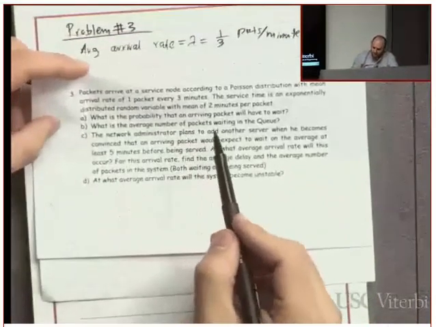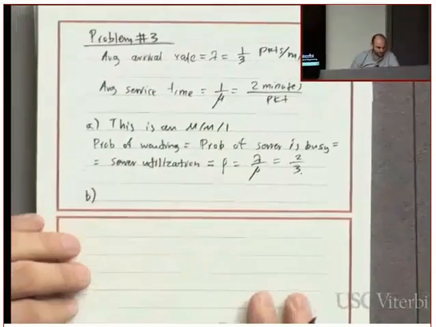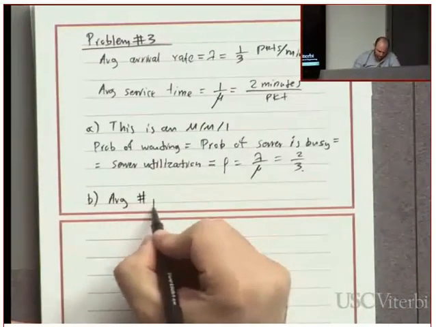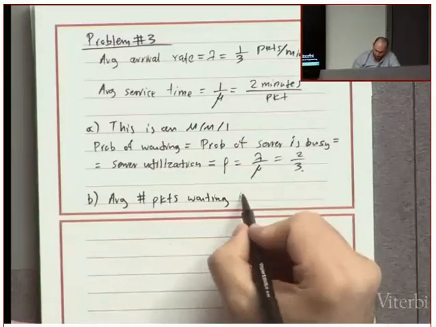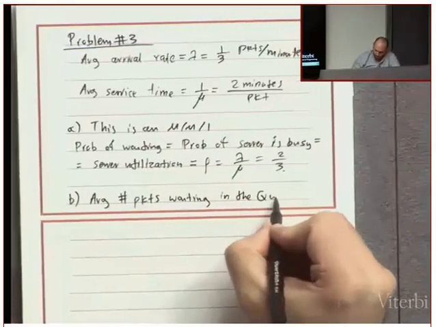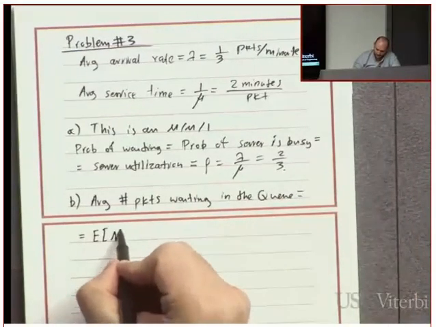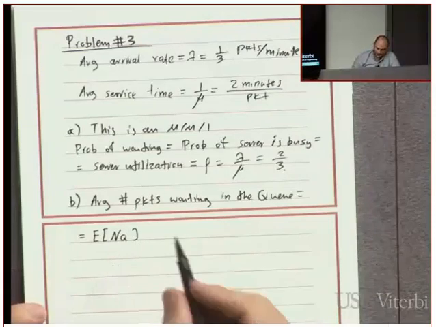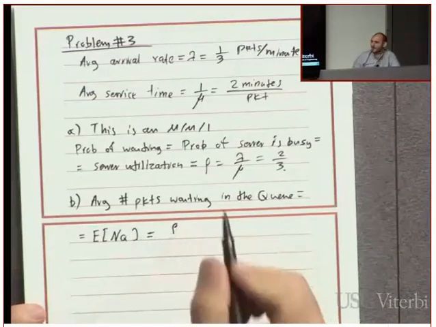What is the average number of packets waiting in the queue? We represent that as N sub Q, and this is equal to, there are many ways.